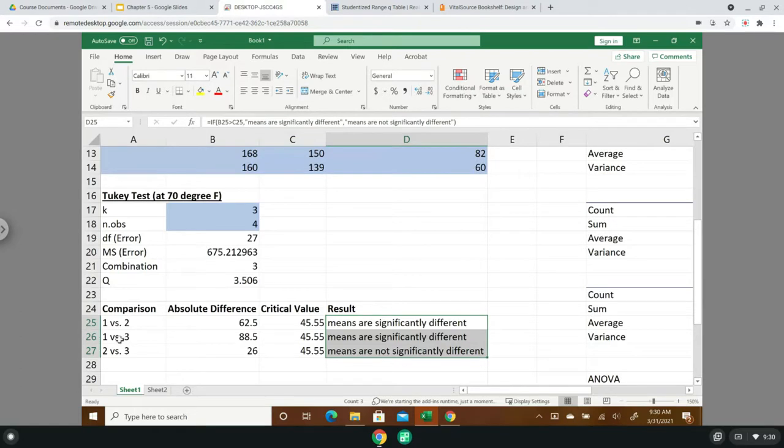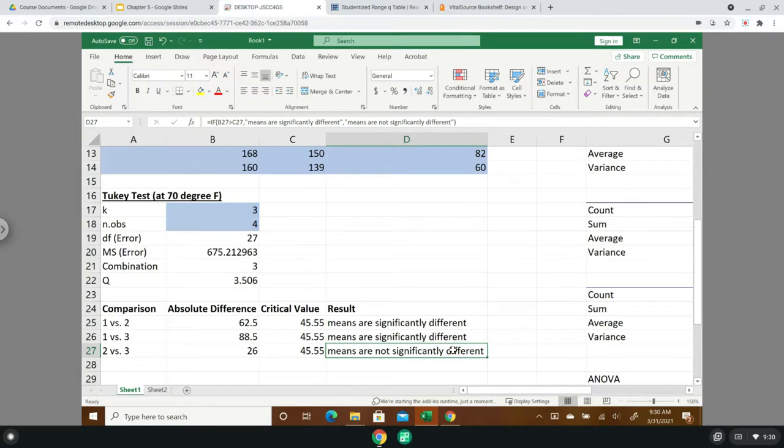That is also statistically significant. So mu1 is not equal to mu2. Mu1 is not equal to mu3. But let's look at 2 and 3. The absolute difference is 26, less than the critical value. That means there is not much difference between material type 2 and 3. There is no statistically significant difference between material type 2 and 3. Means are not significantly different.